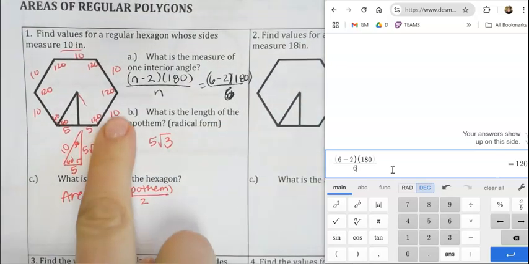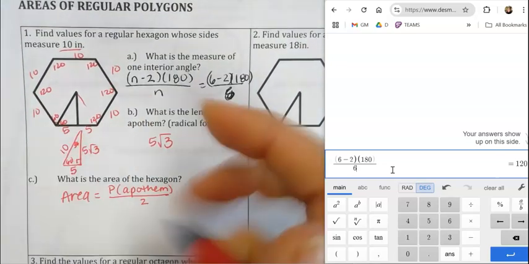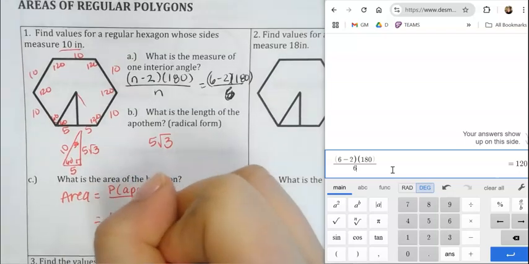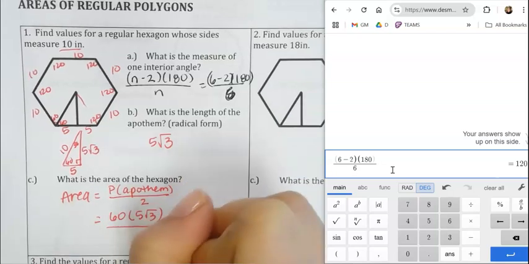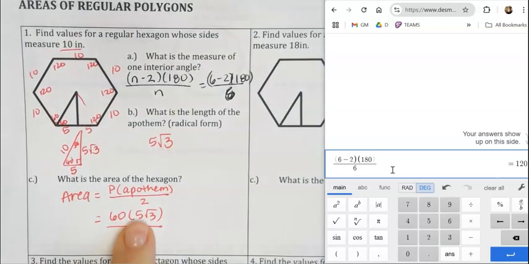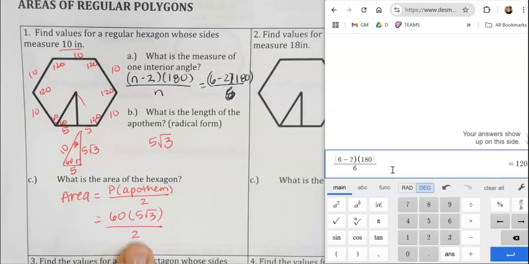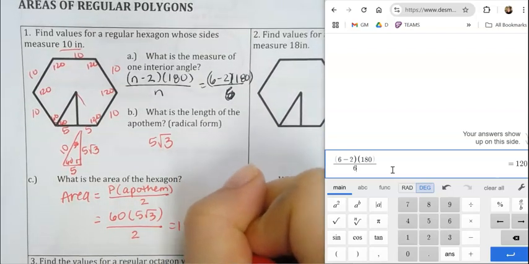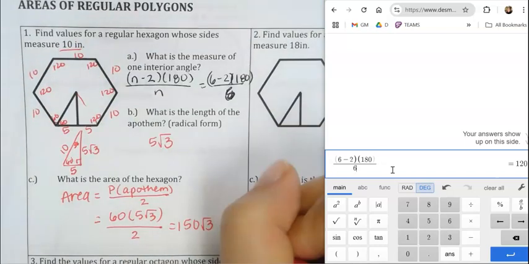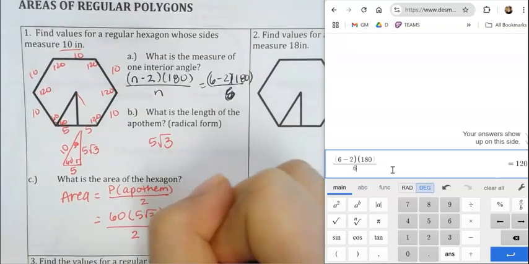Now our perimeter is 10 times 6, which is 60, times 5 square root of 3 all over 2. 5 times 60 is 300, divided by 2 is 150 square root of 3, and our units are inches, so we'll have inches squared.